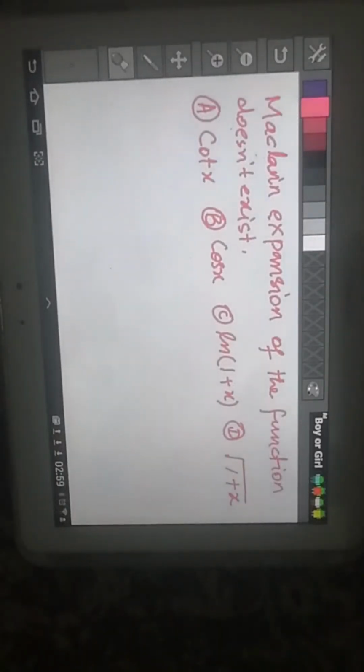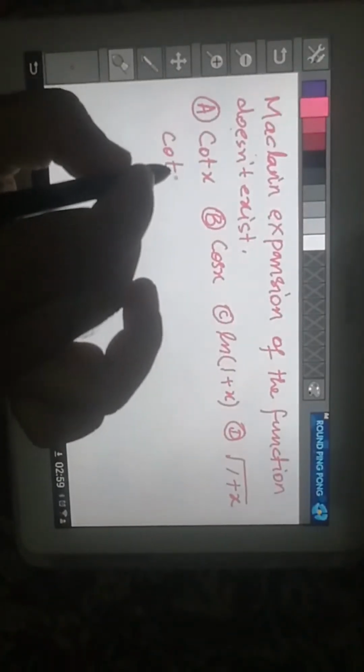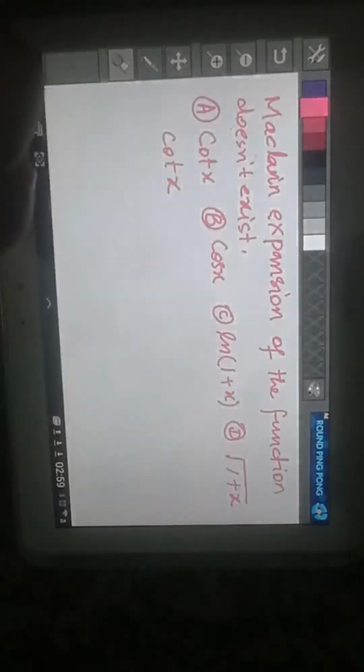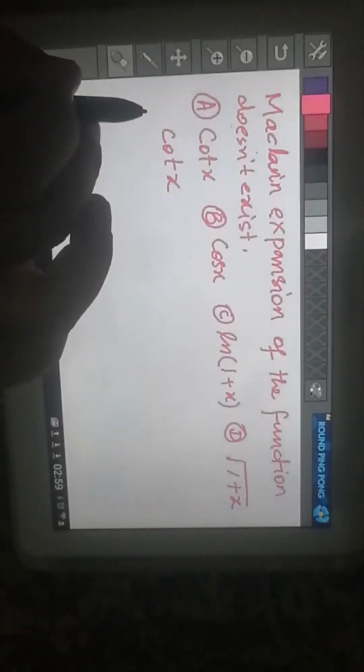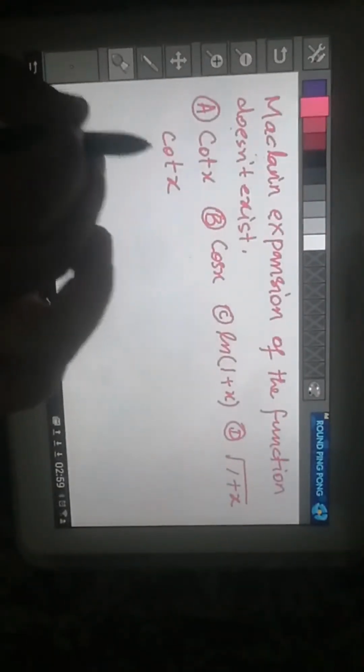Maclaurin series of cotangent. The cotangent derivative is minus cosecant square. Look, if we talk about derivatives and their value at zero, derivatives must exist and the value at zero must exist.